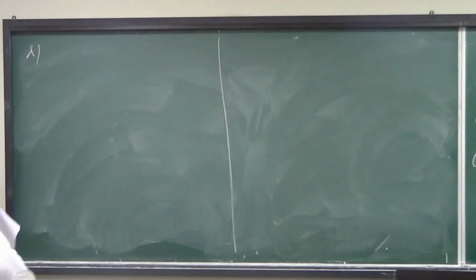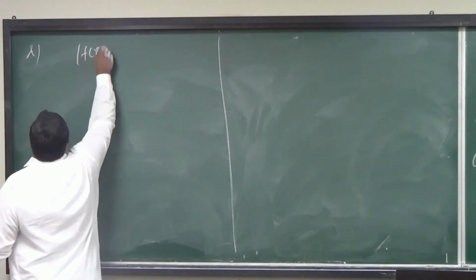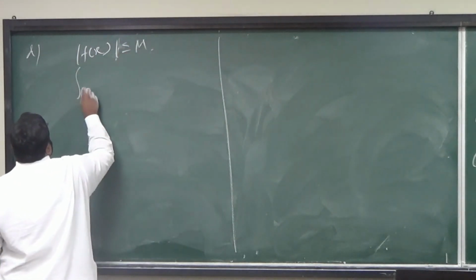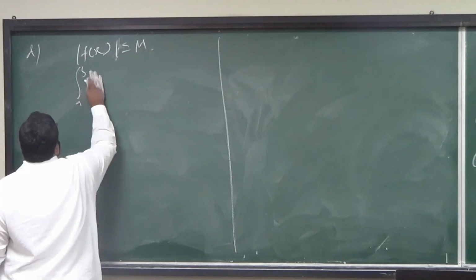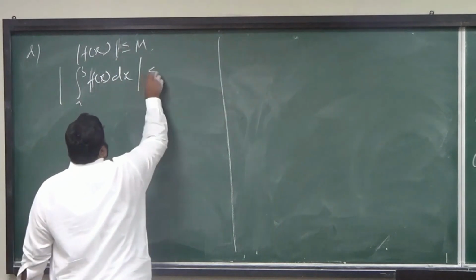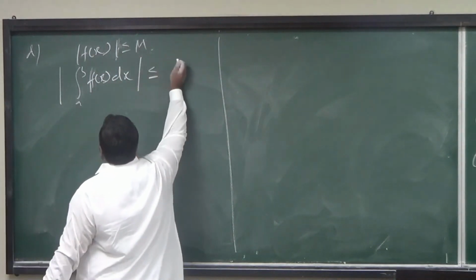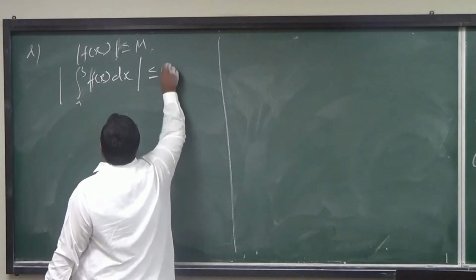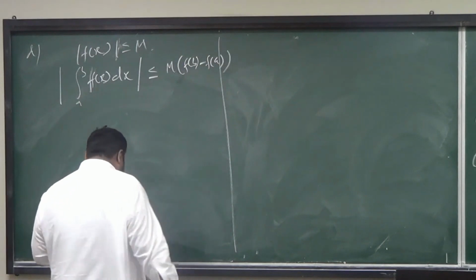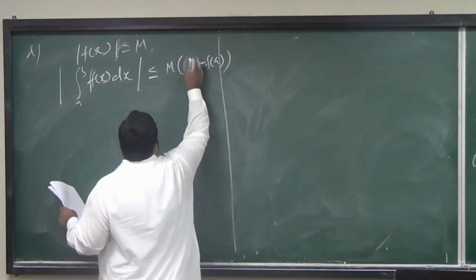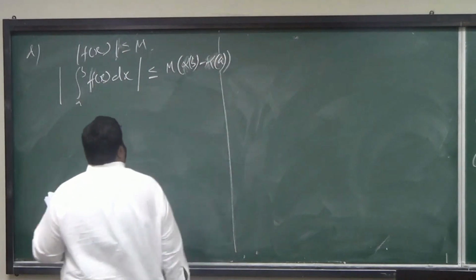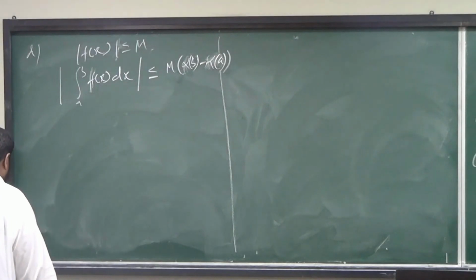Part D was that if f of x is a bounded function, with absolute value less than or equal to M, then the absolute value of the integral of f of x d alpha must be between minus M times alpha of b minus alpha of a and M times alpha of b minus alpha of a. Okay, this should be the case.